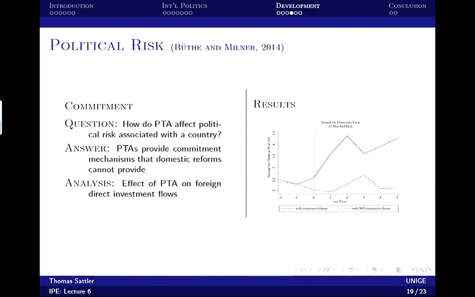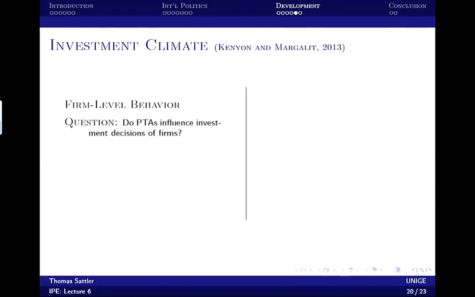But we could go even deeper. What's the causal mechanism here? Who takes the decision? How could you test that as well, this argument, by looking at a step that's happening here in between? We haven't talked about this. So what they look at is the investment climate.